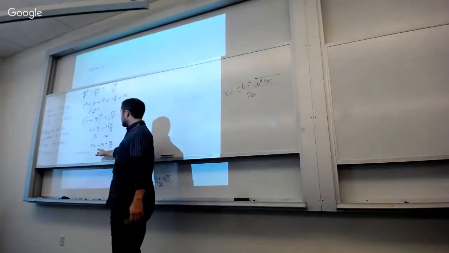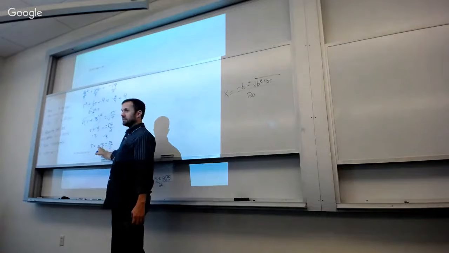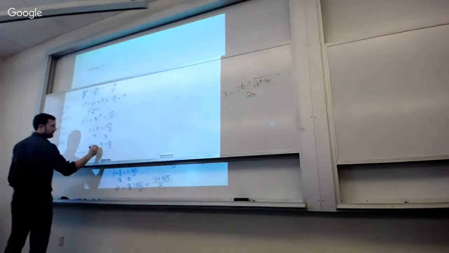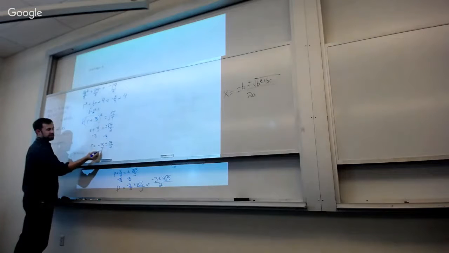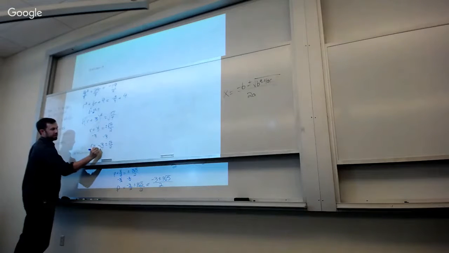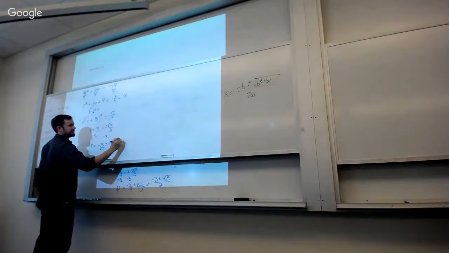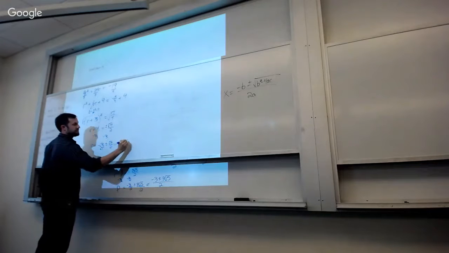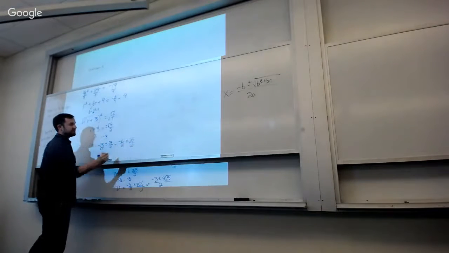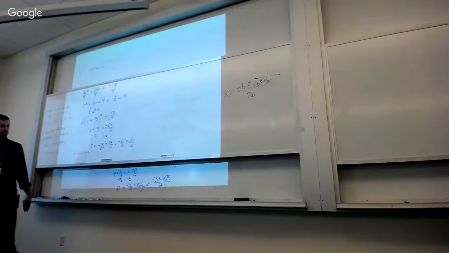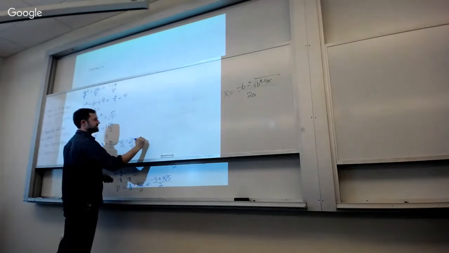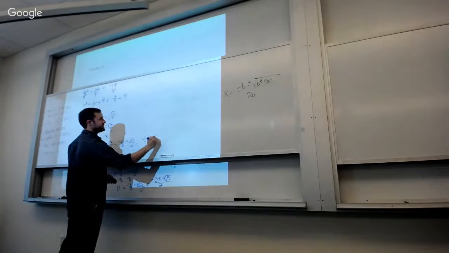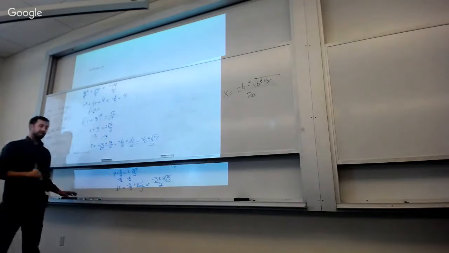If we wanted to add these two fractions together, we would need a common denominator. So you multiply the top and bottom by 2, and then you would have negative 6 over 2 plus or minus root 17 over 2, which you can make one big fraction all over 2: negative 6 plus or minus root 17 all over 2.